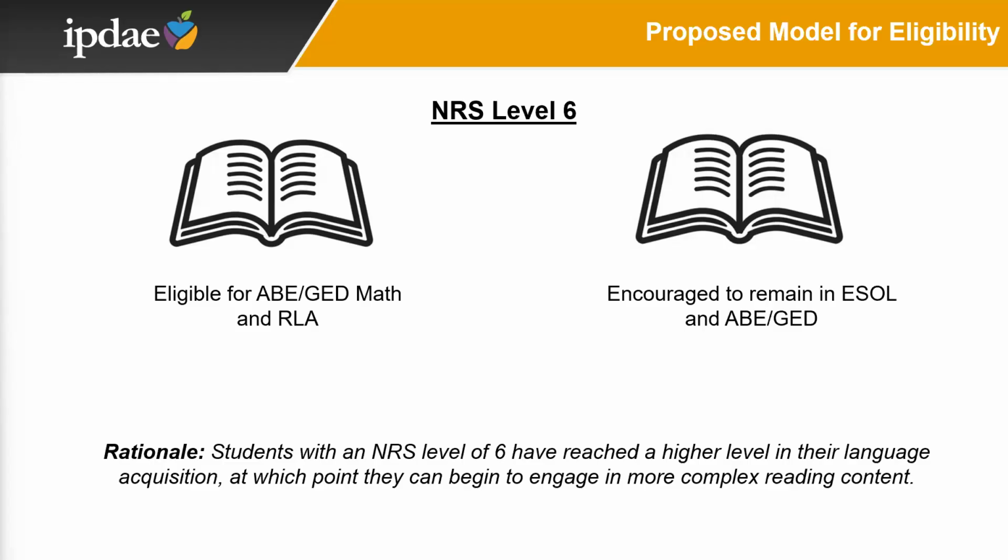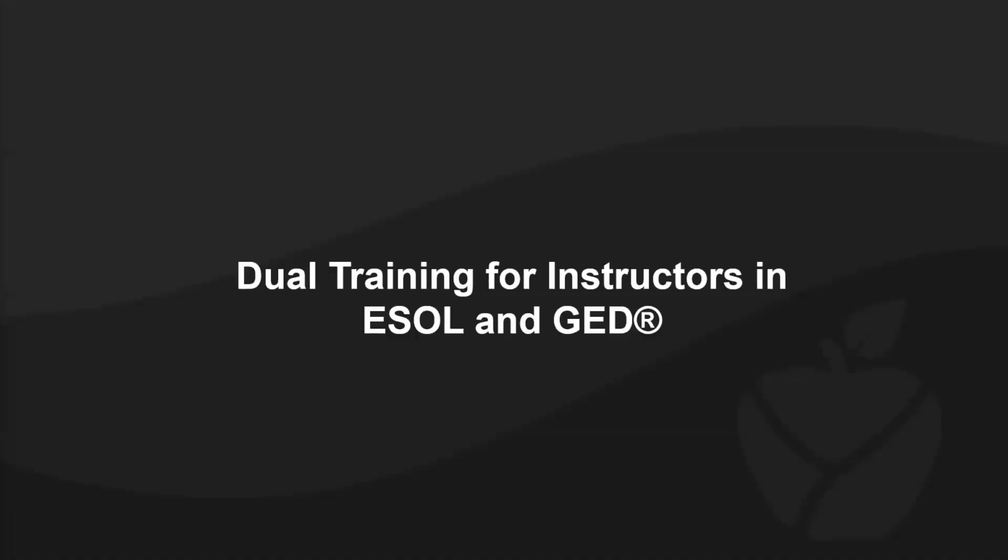However, we strongly encourage these students to remain co-enrolled in our ESOL classes. We do not require this, okay? But we strongly encourage them to stay even at NRS level 6 in ESOL if they haven't exited, of course. So that way they can continue building their English skills, okay?